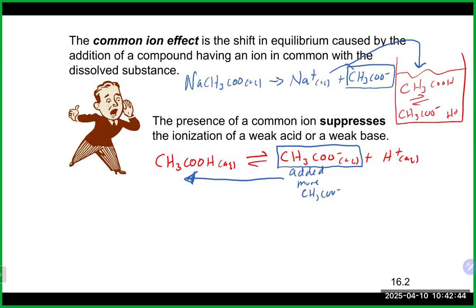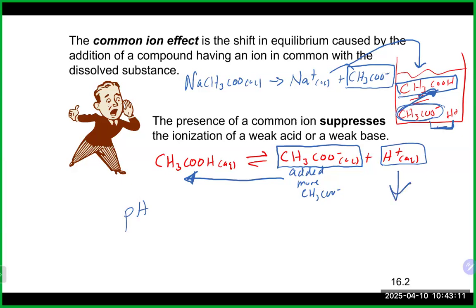When you do that, you're going to have a lot more of this, which means you have a lot more products in your beaker, and that's going to cause the equilibrium to shift to make acetic acid. When it does that, the consequence in terms of pH is, what happens to the H plus concentration? It goes up or down? It would start to go down, right?